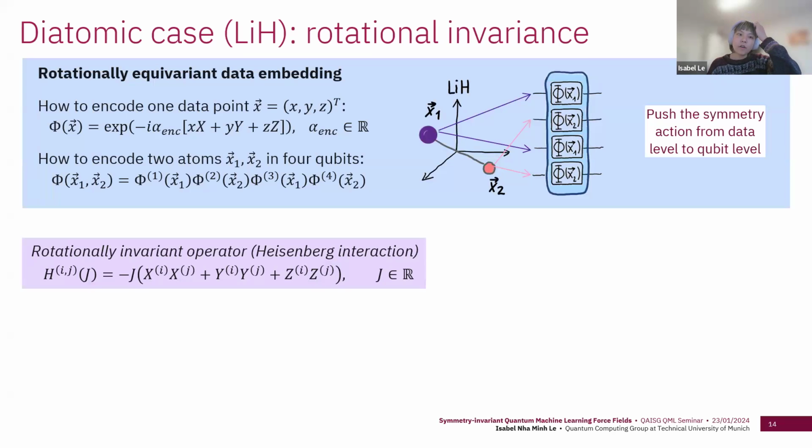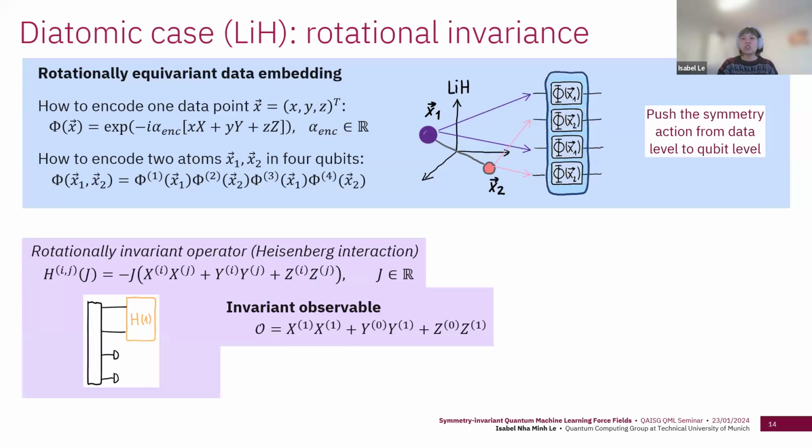Okay, so for the rotational invariant operator, we take the Heisenberg Hamiltonian as an inspiration because it is already rotationally invariant, and we define a single summand of it as a rotationally invariant 2-qubit operator. Since this is already invariant, we choose this simply as our observable.